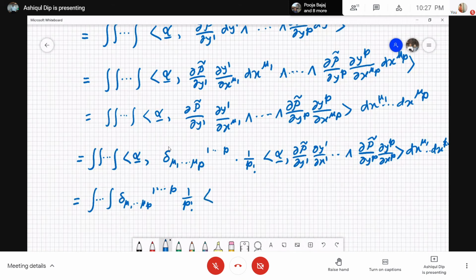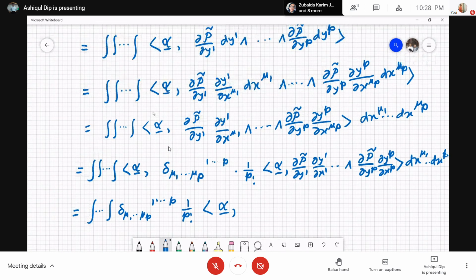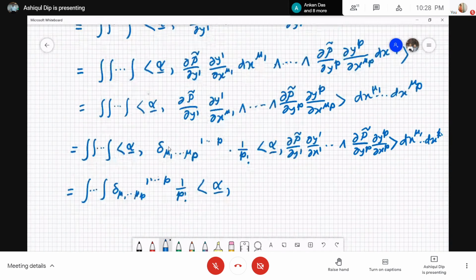Then here is another thing. I need to switch that thing as well. Actually, I should have done it earlier. Or I can do it here as well. Then I have delta p tilde by delta y1, which is a vector, and its coefficient is delta y1 by delta x1, and so on, right?